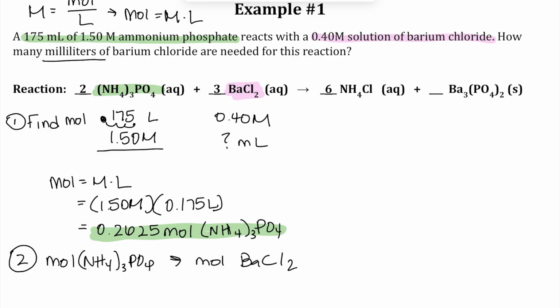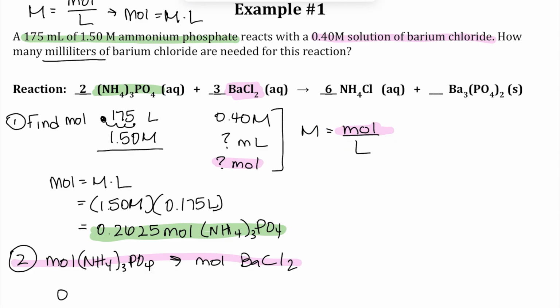Because once I can find how many moles of my barium chloride, then I can use molarity is moles per liters to find my volume. So our next step in that step 2 is to find our moles of barium chloride, because then we will have our molarity and our moles, and we can calculate liters.